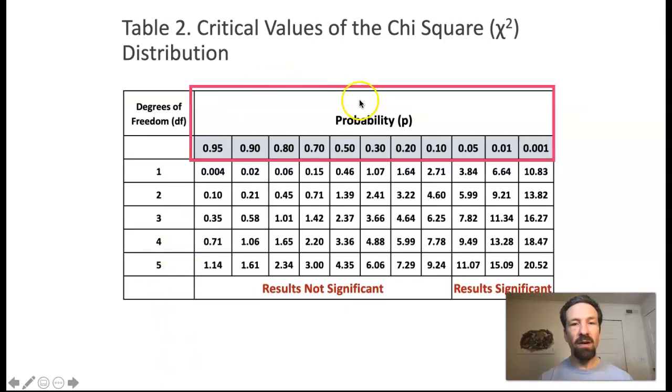Across the top we have different probabilities, and we focus on the ones that are either very high, so nearly 100%, 0.95 and 0.9, or down here at this end, probabilities that are very low, 0.1 or 0.05, 0.01, etc.